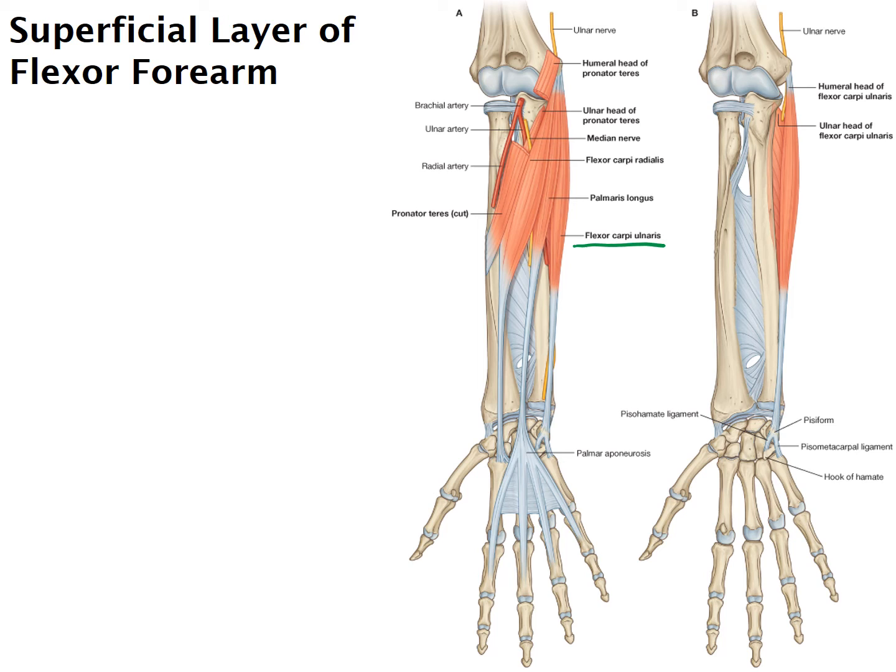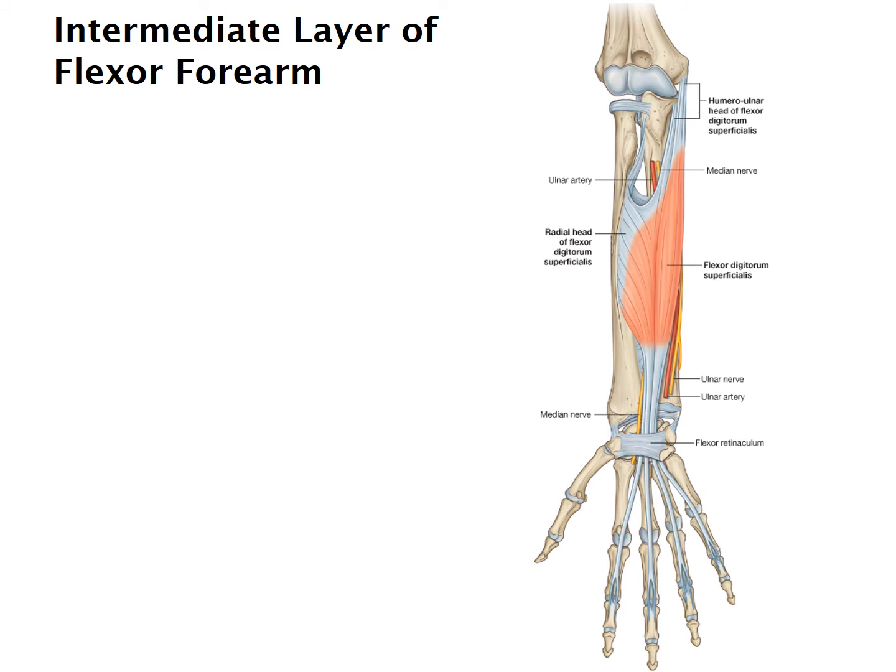The flexor carpi ulnaris originates from the medial epicondyle through the common flexor tendon, just like the other muscles. It too crosses the wrist joint, and as such will participate in both wrist flexion as well as ulnar deviation. Ulnar deviation of the hand is also referred to as wrist adduction, in which case the wrist, within the anatomical position, moves closer to the midline of the body.